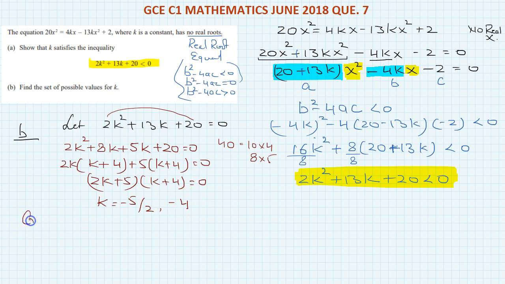So these are our critical points. When you solve this inequality by making it an equation, make sure you write that the critical points are minus 5 over 2 and minus 4. From here we are going to find the solution of this inequality.